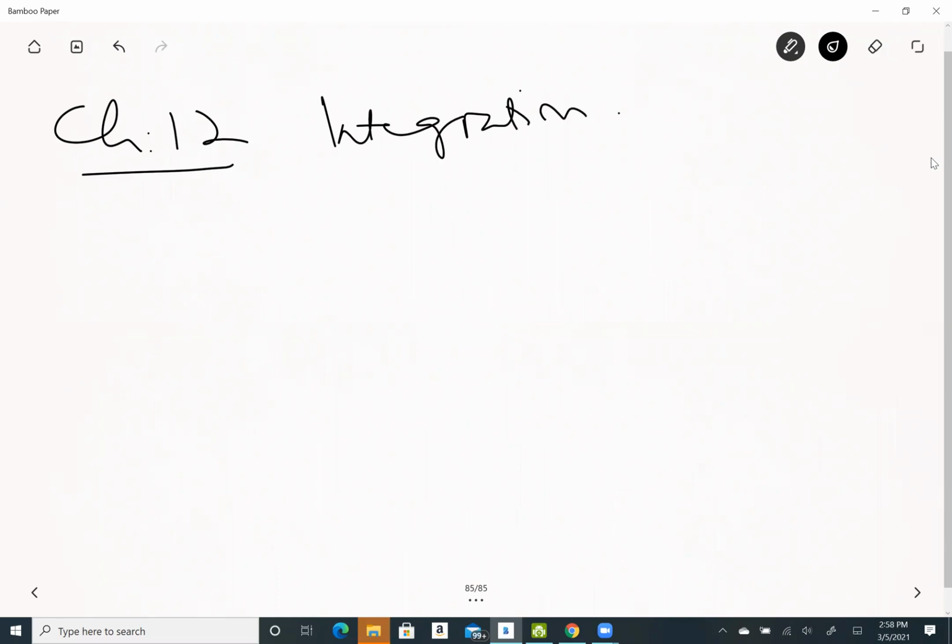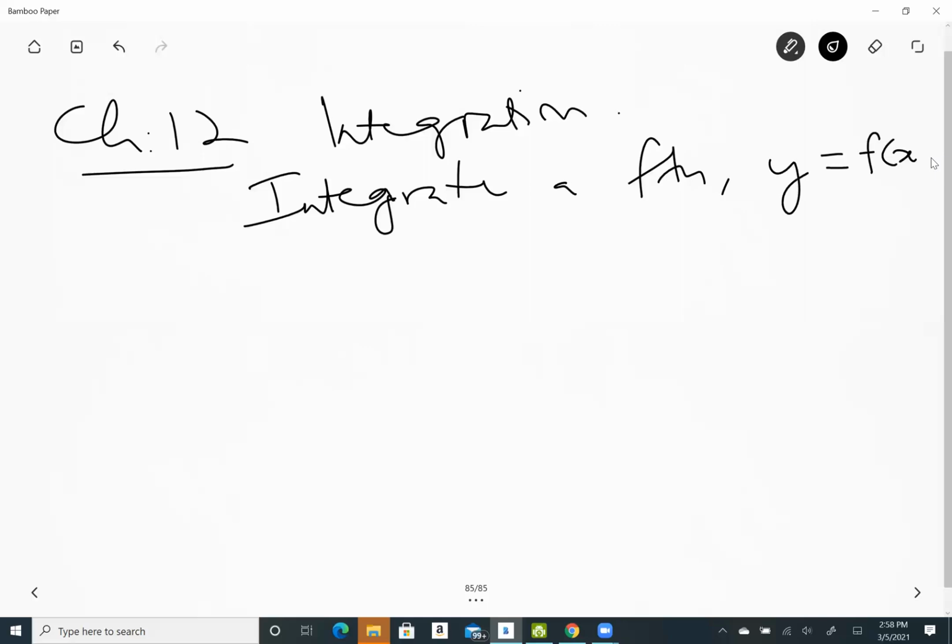So now go to chapter number 12. Chapter 12 is on integration. The verb is we integrate a function y equal to f of x. Integrate is the process, it's the verb.